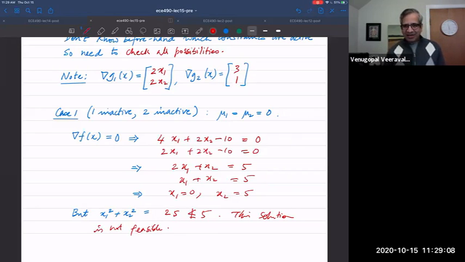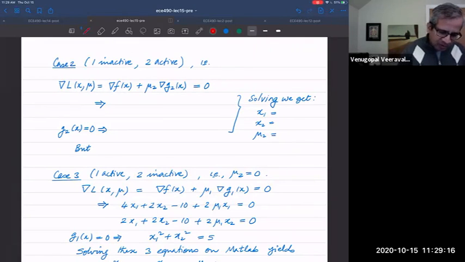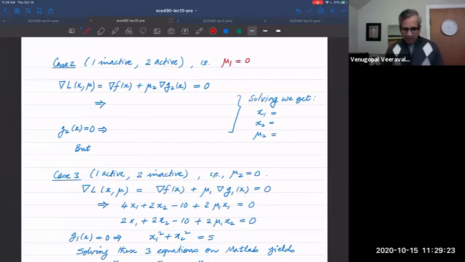All right, so now let's make the first one inactive and the second one active. In this case, mu1 is 0, but mu2 is non-negative. That's all we know. Now if we look at the gradient condition, that will involve mu2, but not mu1.